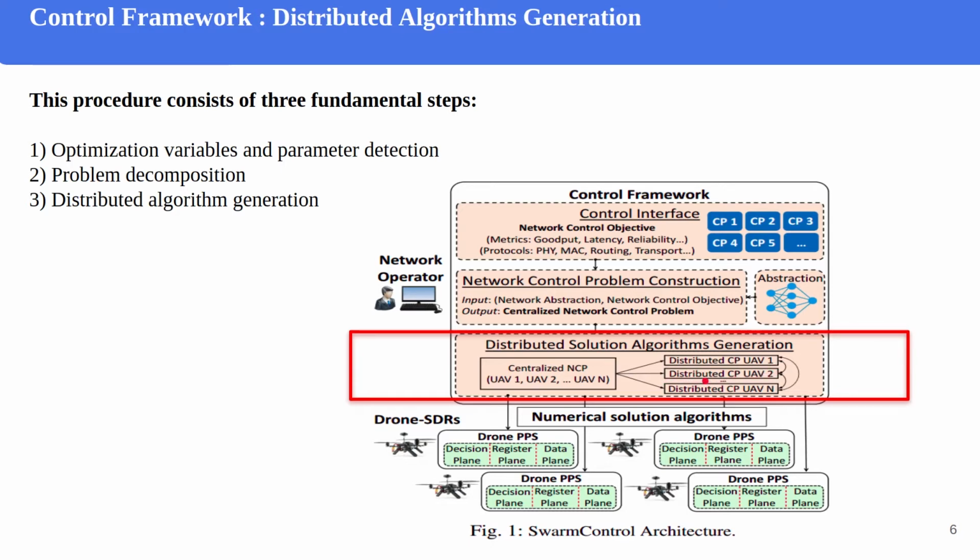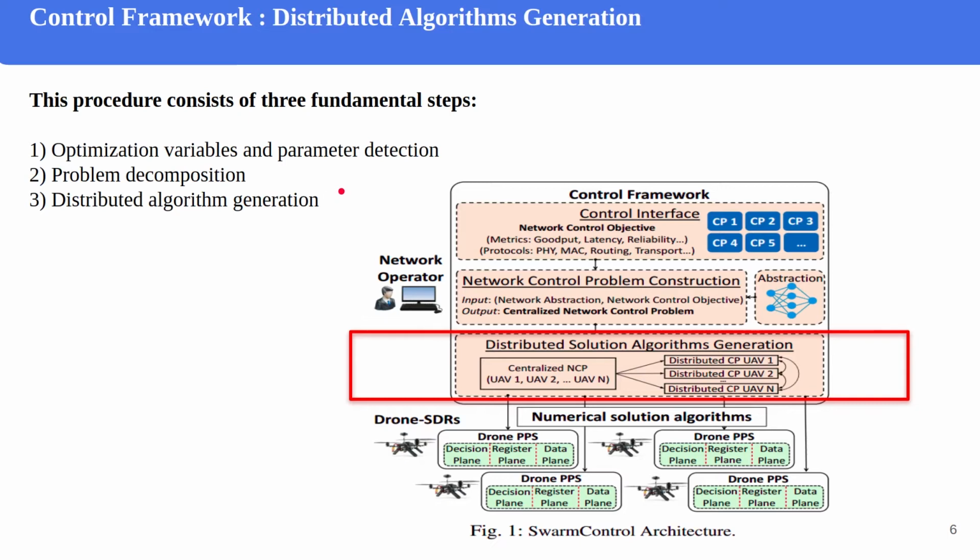So SwarmControl employs decomposition theories to loosen the coupling among optimization variables, and generate separate variable versions of the NCP to be decomposed. This procedure consists of 3 fundamental steps.